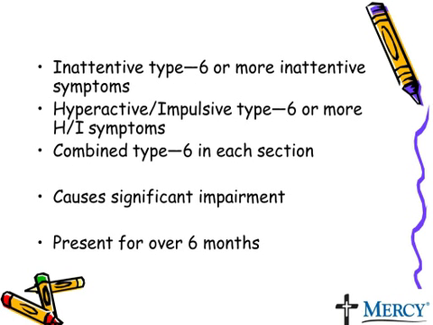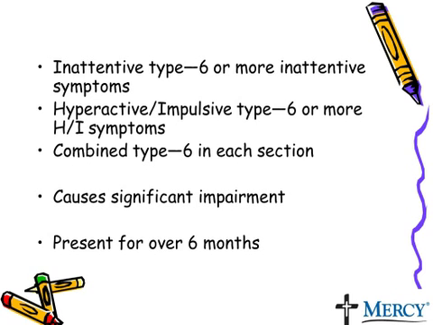To have the inattentive type of ADD, it's required that the child has 6 or more of these symptoms present in more than one setting. To have the hyperactive impulsive type, 6 or more of the 9 symptoms need to be present. For children who have 6 in each category, it's considered to be the combined type.